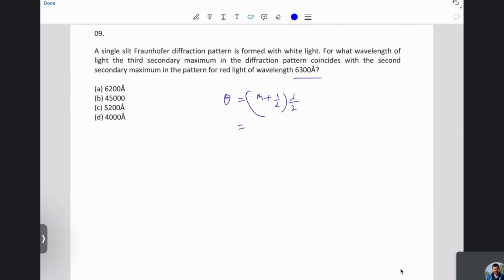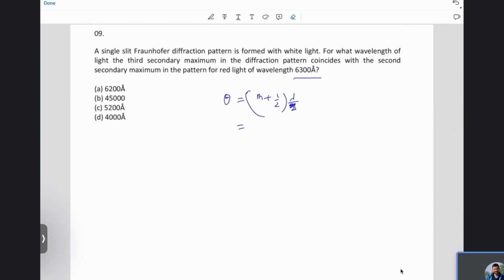Oh, sorry, not lambda by 2, lambda. Yes, exactly.